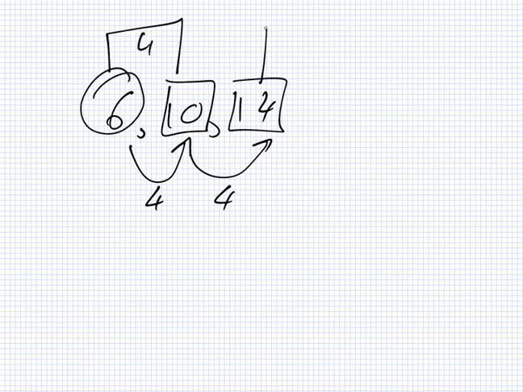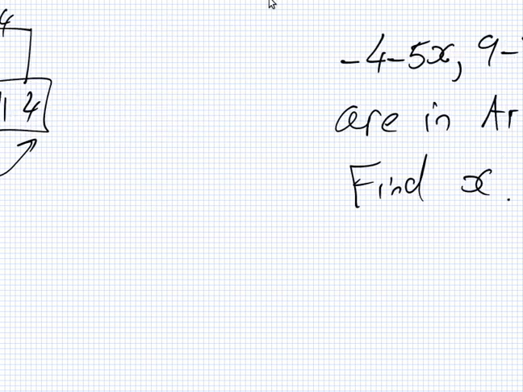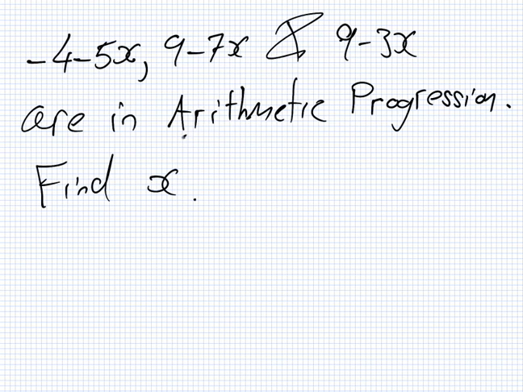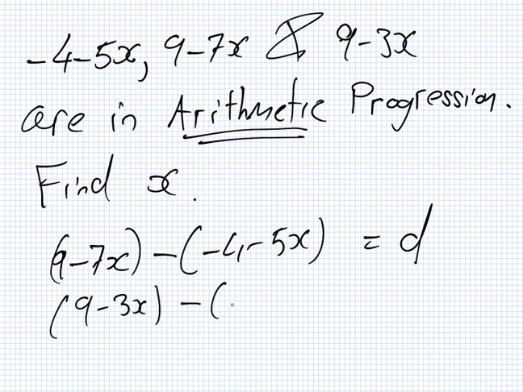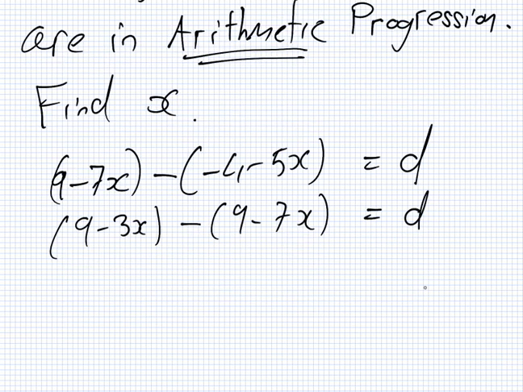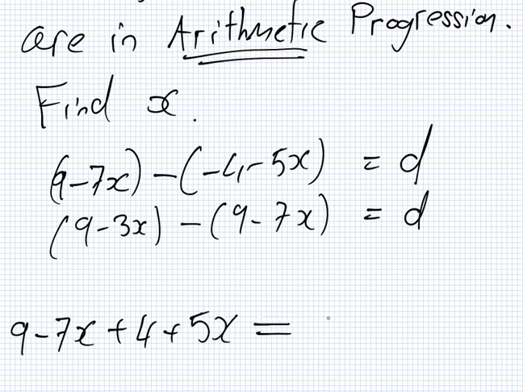And 14 minus 10, what do I get? 4 also. So the same thing is true here if they are arithmetic. If I do 9 minus 7x minus minus 4 minus 5x, that should equal D. And if I do 9 minus 3x minus 9 minus 7x, what should that equal? Should be D also. So 9 minus 7x plus 4 plus 5x should equal 9 minus 3x minus 9 plus 7x.